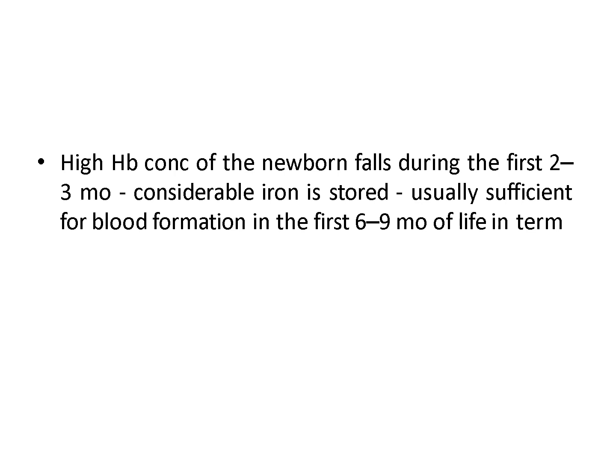The high hemoglobin concentration of the newborn falls during the first 2 to 3 months, especially in the physiological anemia of infancy or anemia of prematurity. Considerable iron is stored, usually sufficient for blood formation in the first 6 to 9 months of life in term infants.